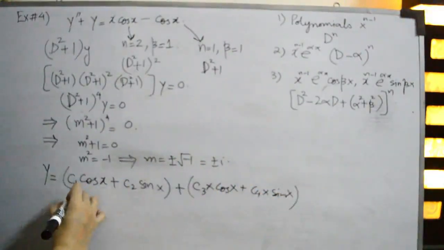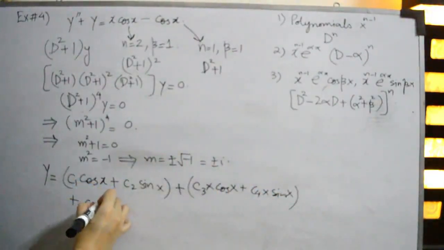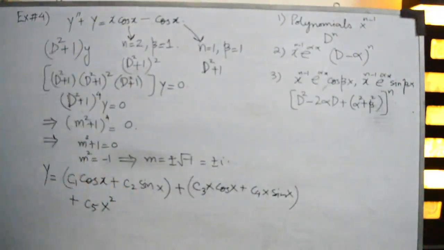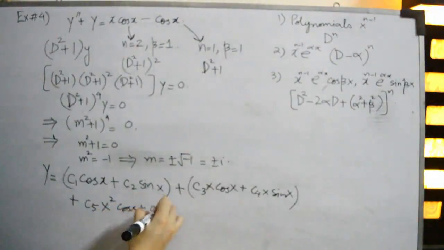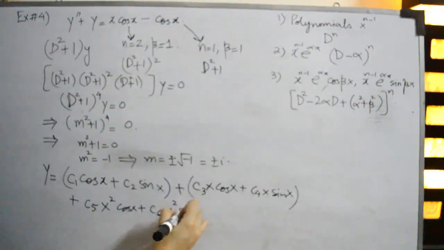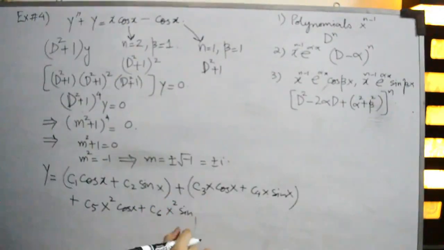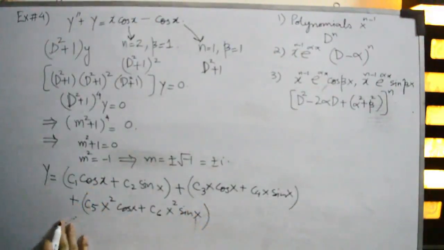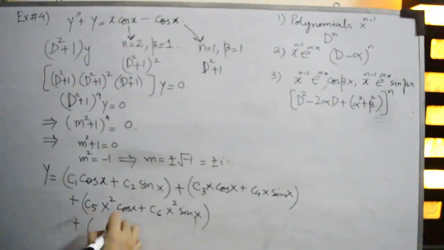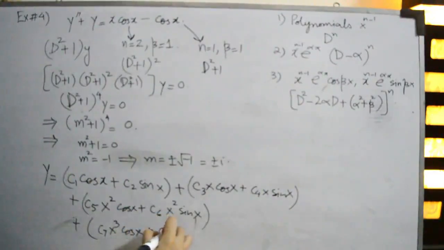Plus c5 x square cos x plus c6 x square sin x, due to the third term repetition. And the last one is plus c7 x cube cos x plus c8 x cube sin x.